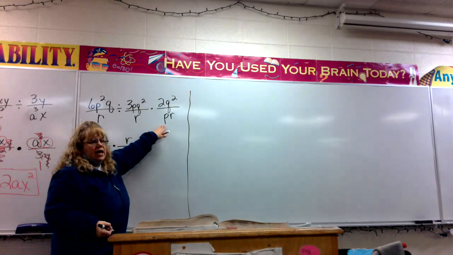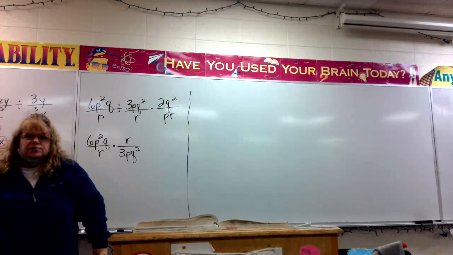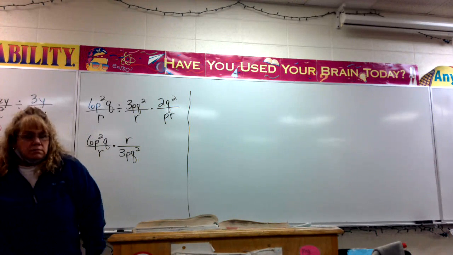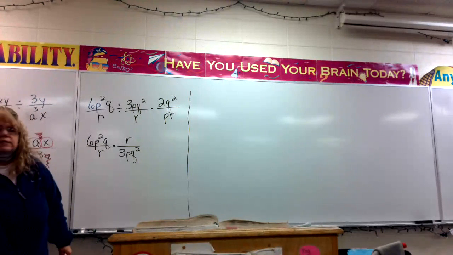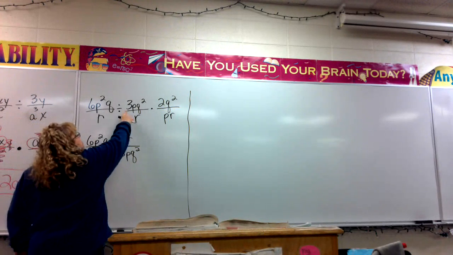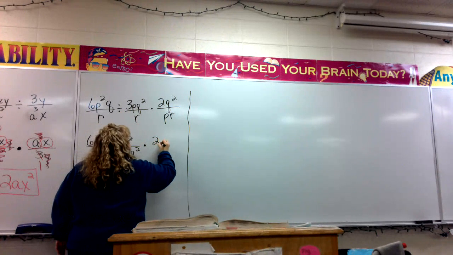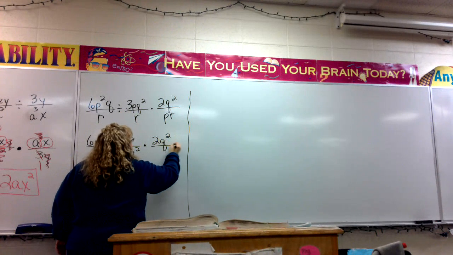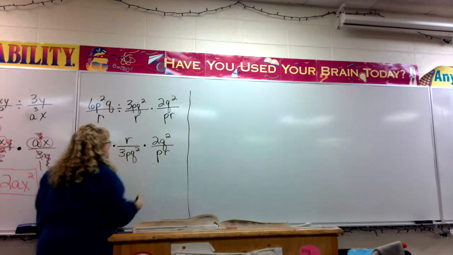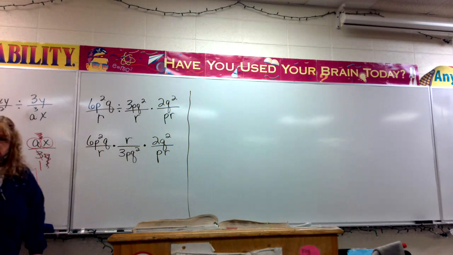This one is times. What do you do when it's times? Nothing, you just leave it alone, right? So you only flip the ones that are divided by. If it's times by something, multiplied by something, just leave it alone. Like that.